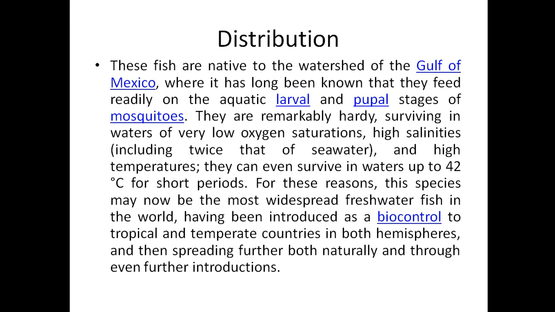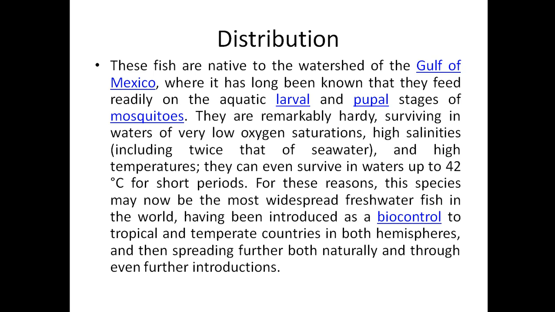It can survive even in water having low oxygen saturation, high salinity, high temperature. Even if the water temperature goes to 42 degrees Celsius for a short period, they can survive. Because of its adaptive nature, this species is now the most widespread freshwater fish in the world.